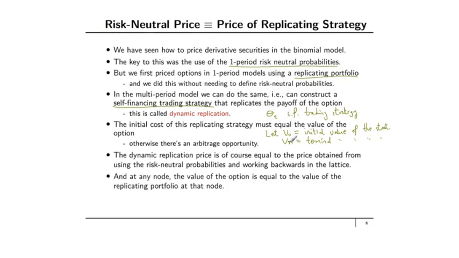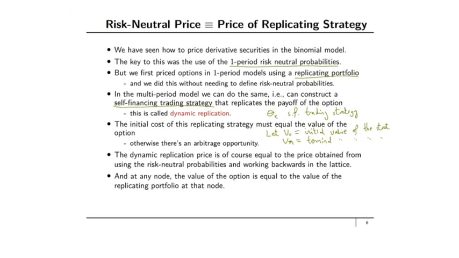We've been using n for number of periods, so we can stick with n. Now, because this is a self-financing strategy, there are no cash flows between time 0 and time n. There's no cash flow coming out, there's no cash flow going in. The strategy self-finances itself. So the only time there's a cash flow is at time 0, which is when the portfolio is constructed, and at time n it has some value.